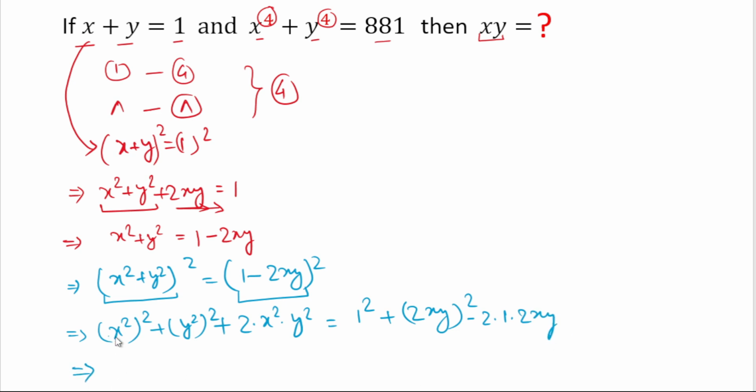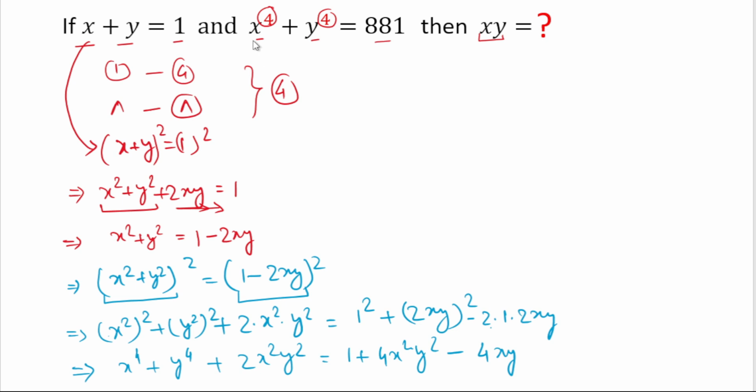Here x square whole square is x raised to the power of 4, plus y square whole square is y power 4, plus 2x square y square, equal to 1 square which is 1, plus 2xy whole square which will be 4x square y square, minus 4xy.